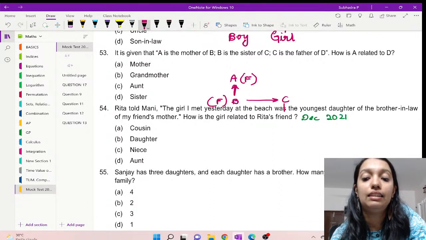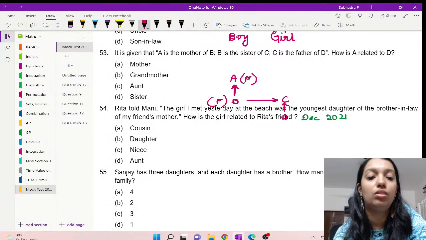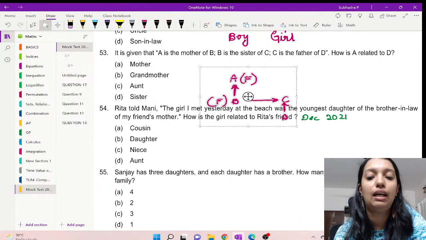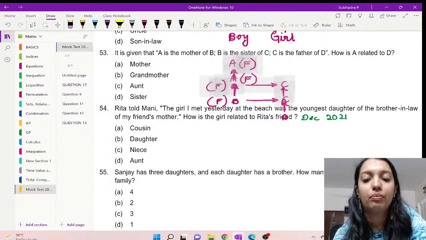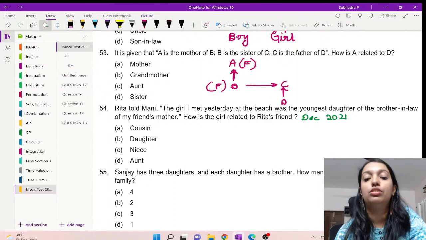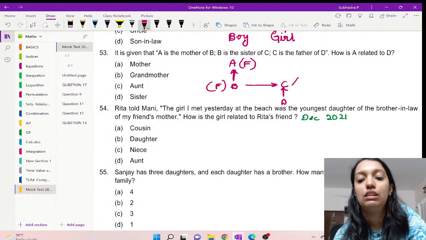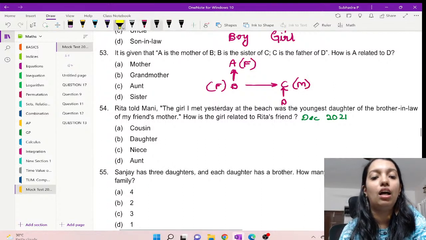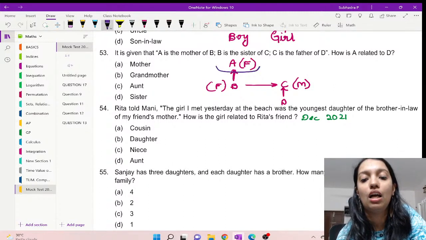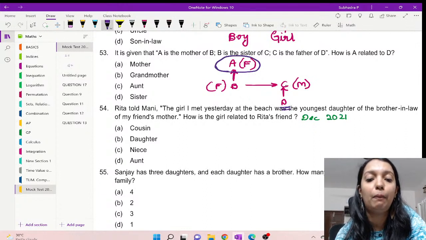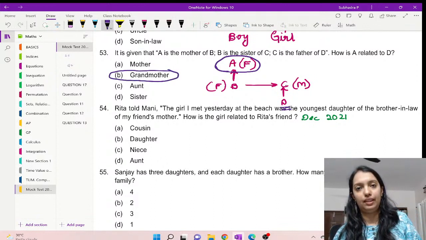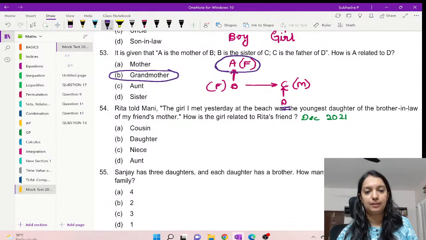C is father of D. Okay, that means I need to move it a little up. So C is father. C is a male person. How is A related to D? Parent, grandparent. So if you have grandparent, it is grandmother in this case because it's a female person.